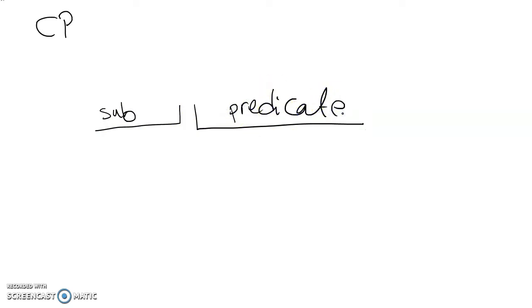Now, the subject means that we have the NP, or to be more accurate, it's abbreviated with the DP. And the predicate, which consists of the verb and what comes next, is abbreviated with IP, or inflectional phrase.